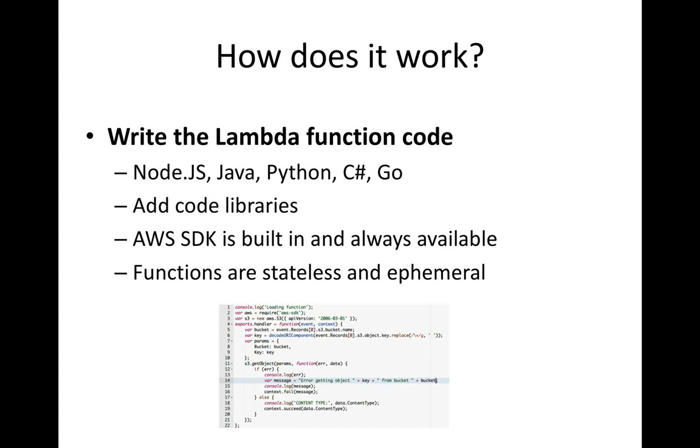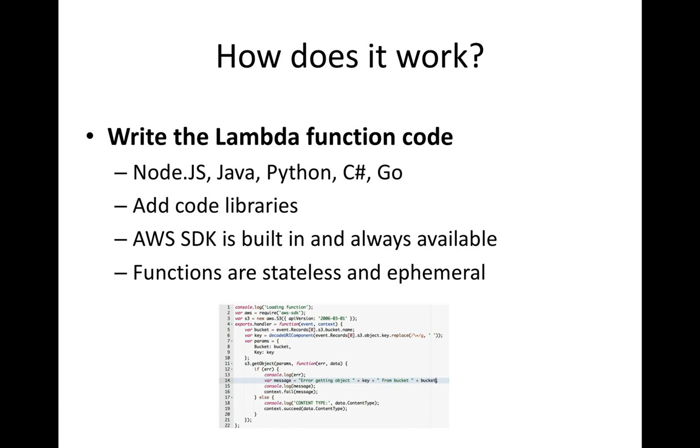So when you think about it from an application perspective, every single time that Lambda function is being invoked, it's like it's being invoked in a brand new, fresh, clean environment with no state information. Also, Lambda functions are ephemeral, meaning that Lambda functions will disappear on you.